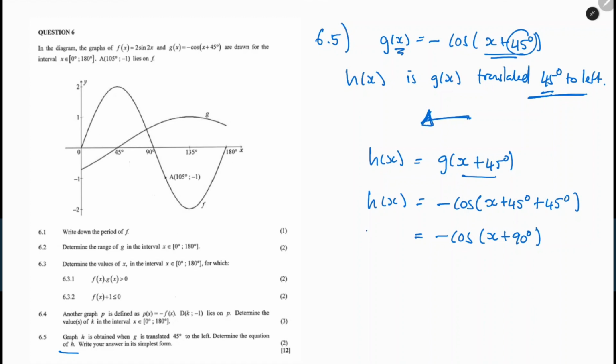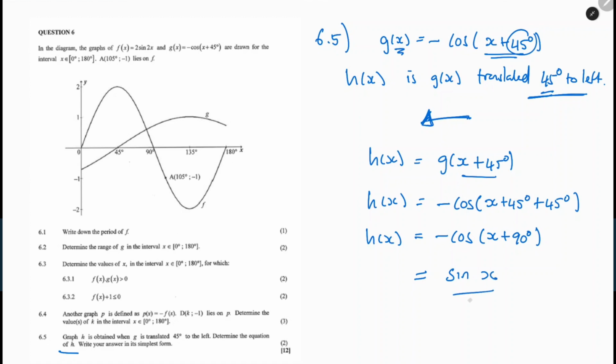Now, the question says write this in its simplest form. If you know your trig graphs or your trig identities well enough, you will immediately recognize that minus cos of x plus 90 is the same as actually just sine of x.